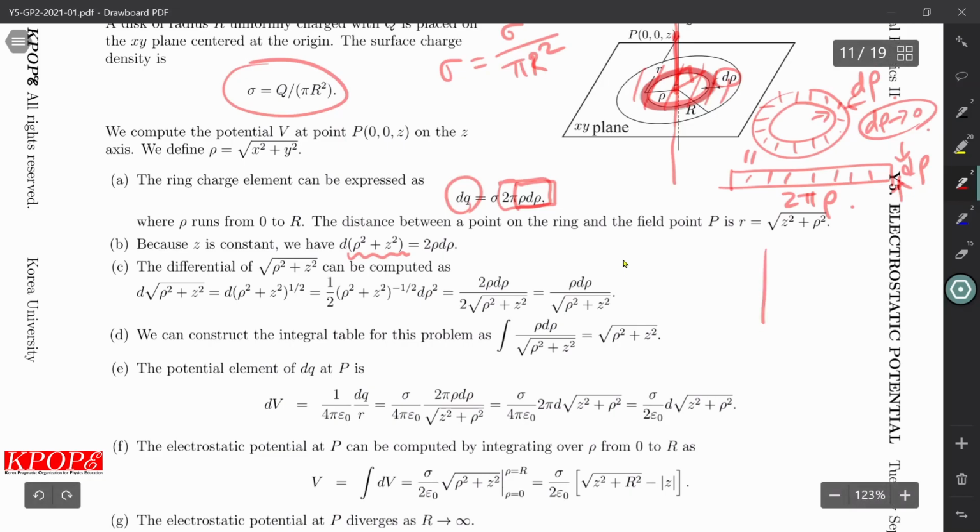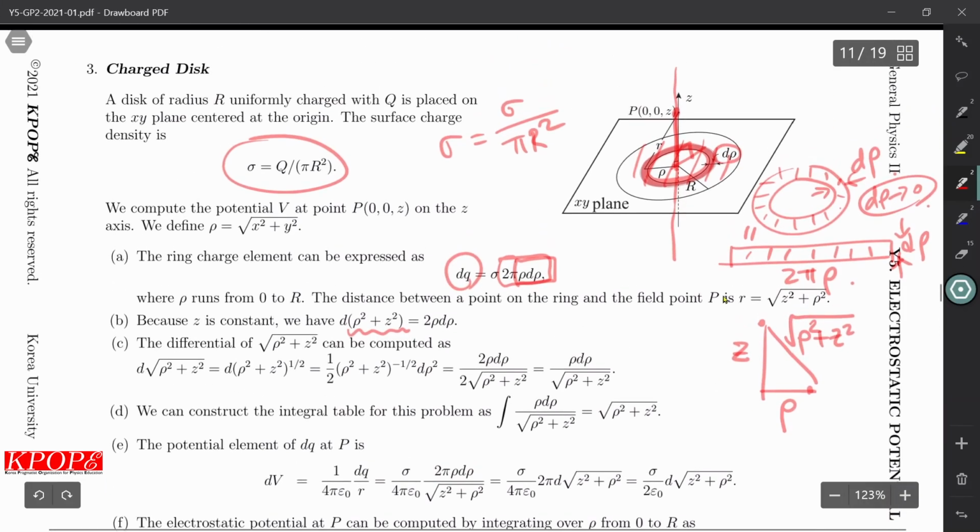This is rho, z, and this is the square root of rho squared plus z squared. Okay?